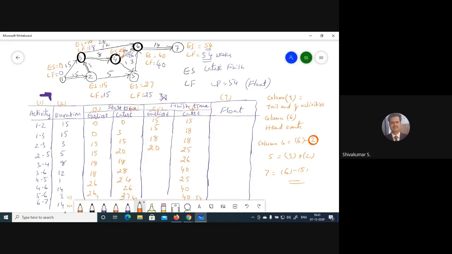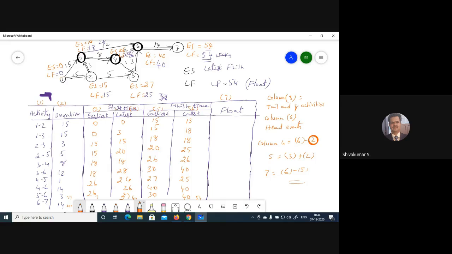Next, 18 plus 8, 26. 18 plus 12, 30. 26 plus 1, 27. 26 plus 14, 40. 26 plus 3, 29. 27 plus 3, 30.